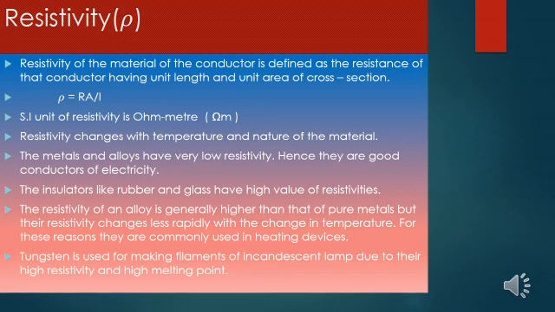The resistivity of an alloy is generally higher than that of pure metals, but their resistivity changes less rapidly with the change in temperature. For these reasons, they are commonly used in heating devices. Tungsten is used for making filaments of incandescent lamps due to its high resistivity and high melting point. Thank you.